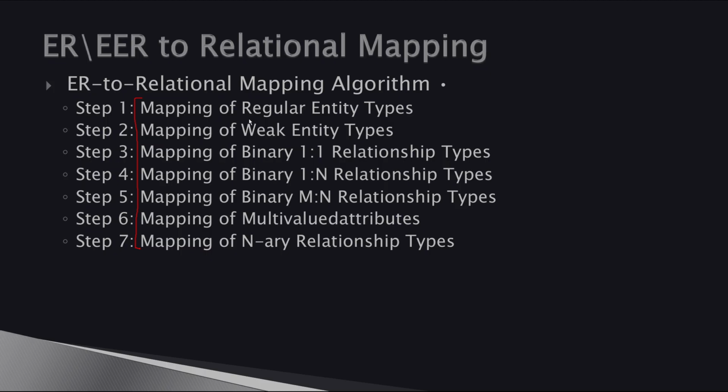I promise it's all intuitive, but you'll have to take a look at it and think through it yourself. We're going to go over the regular, also known as strong entities, weak entities, one-to-one relationships, one-to-n relationships, many-to-many relationships, multi-valued attributes, and n-ary relationship types. Okay.